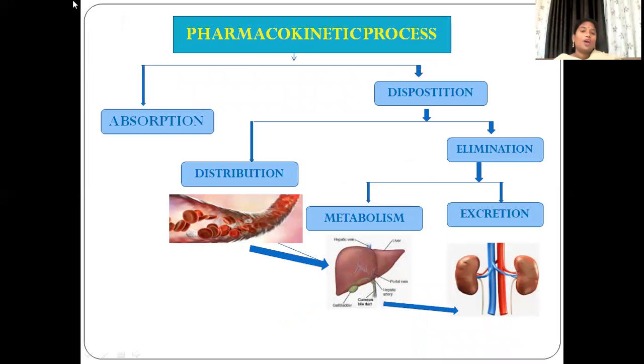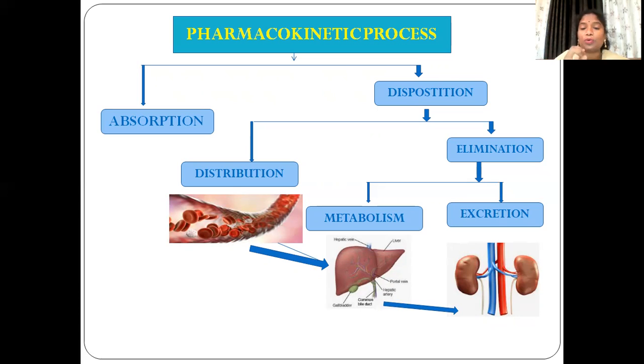Okay, so the pharmacokinetic process. After absorption, what will happen? After reaching the systemic circulation, it should be disposed. So these are mainly divided into two parts, absorption and disposition. Here, after reaching the systemic circulation, what will happen?